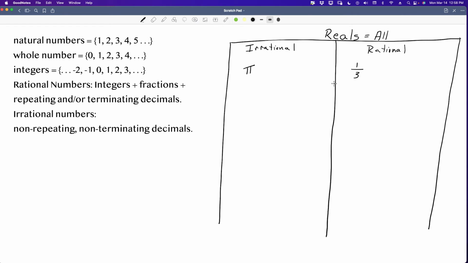Now, if a decimal cannot be written as a fraction, it's because it doesn't repeat and it doesn't terminate. We have to be able to end it, to write it with an ending in order for it to be considered a rational number.